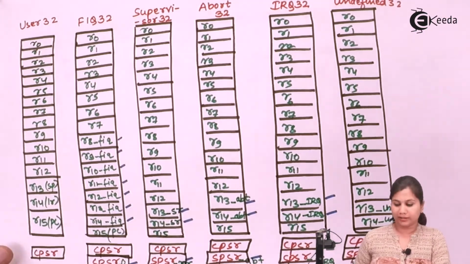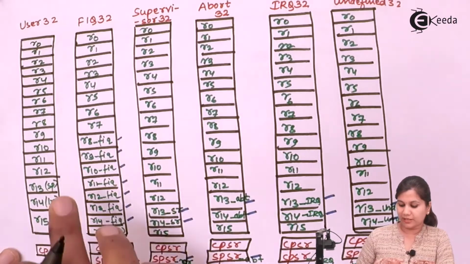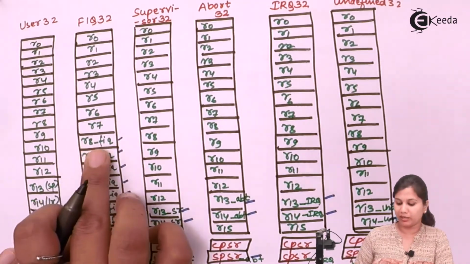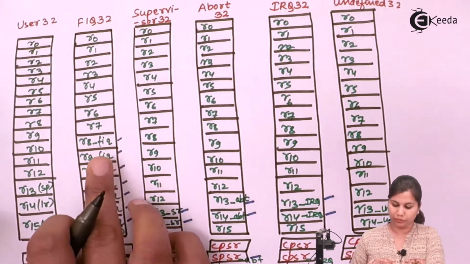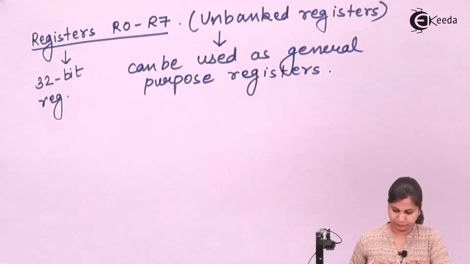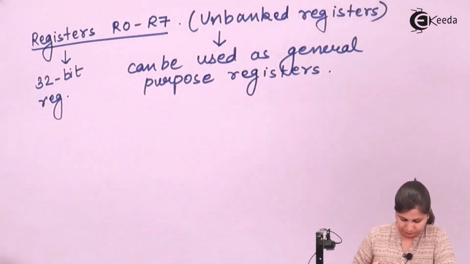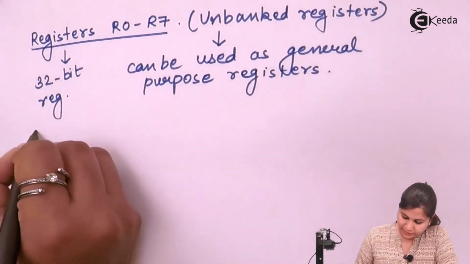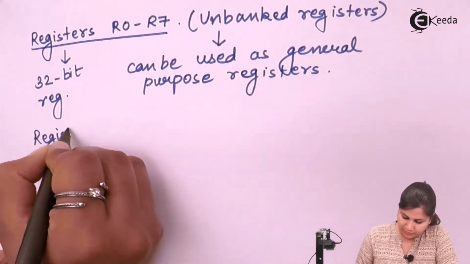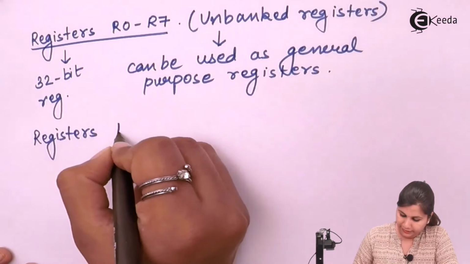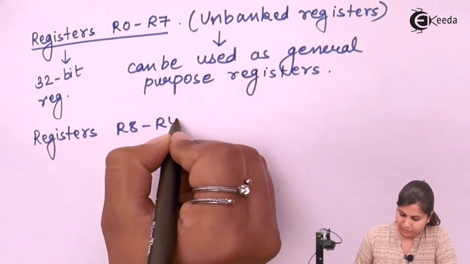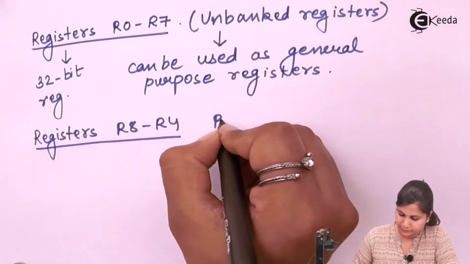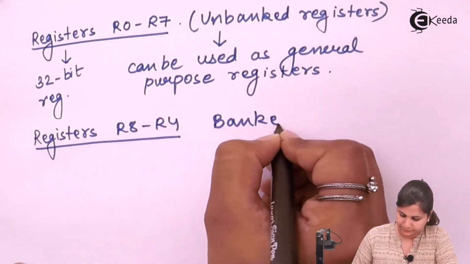So all the banked registers are shown as the register number underscore the processor mode. Okay. So we can say that the registers R8 to R14 are called the banked registers.